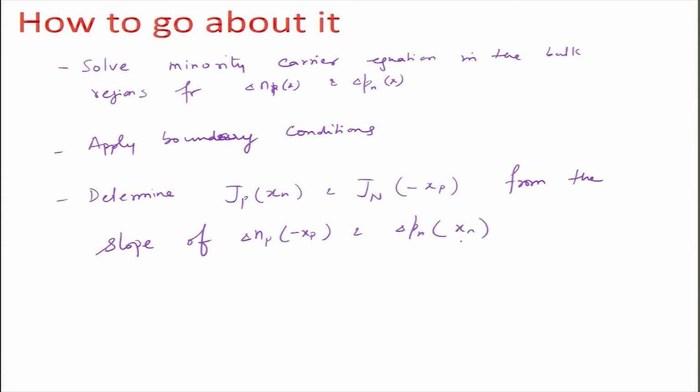Okay, that is what we are going to do, and we know that total current J is equal to Jp at Wn plus Jn at minus Wp. So let us first do the analysis.